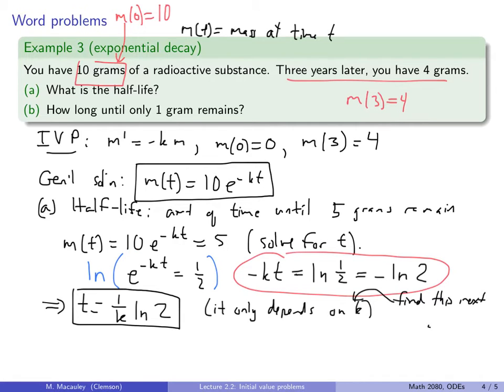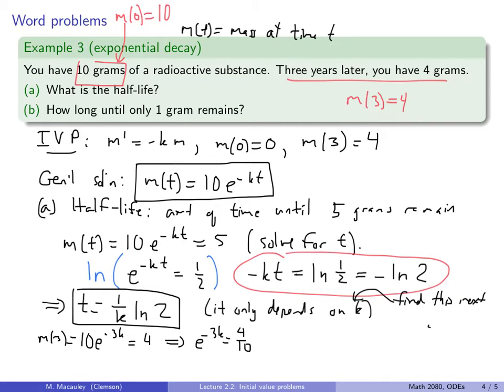So we have m of 3 is 10 e to the negative 3k, and set that equal to 4. Solve for k. So we get that e to the minus 3k equals 4/10.